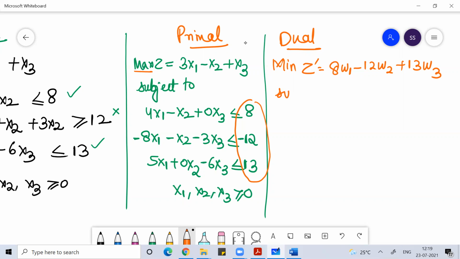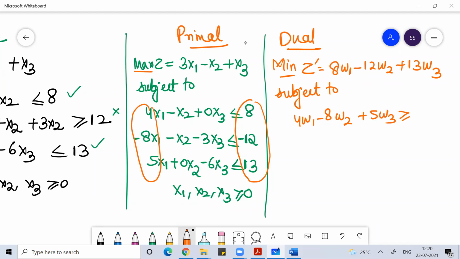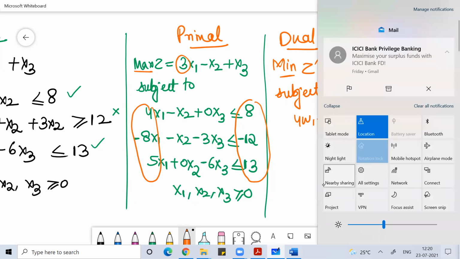Subject to, then you need to write the constraints, no? So write the constraint like this. This will be 4w1 minus 8w2 plus 5w3. This is objective function minima, so use the sign greater than or equal to, then what should be the RHS? RHS will be the coefficient of the objective function of the primal.